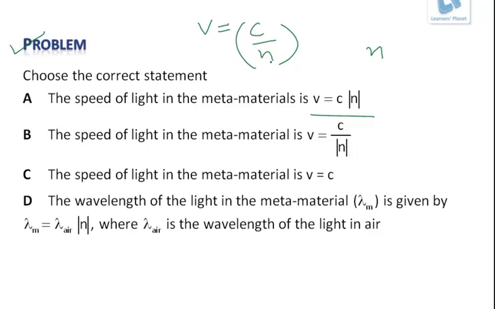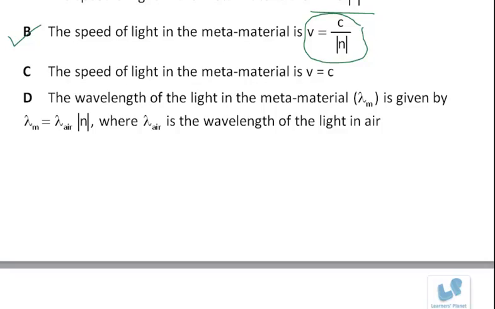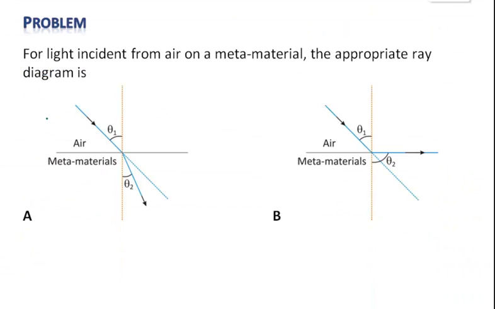Now if n is negative, we have to take its mod. If n is positive, the mod will be the same as the value of n. So the velocity will definitely reduce because there is no change in the optical properties. It's already given. So option B is the correct one.